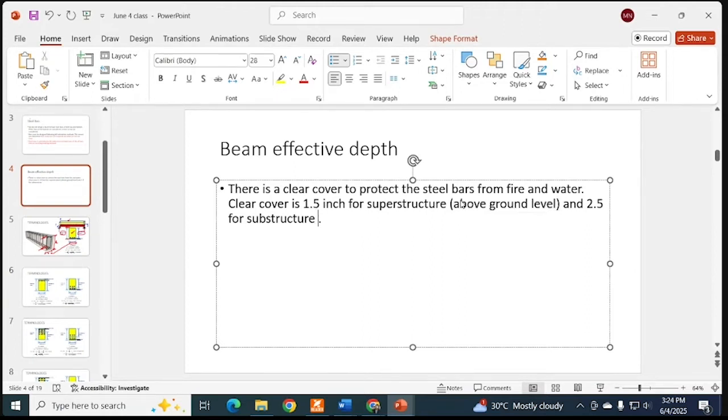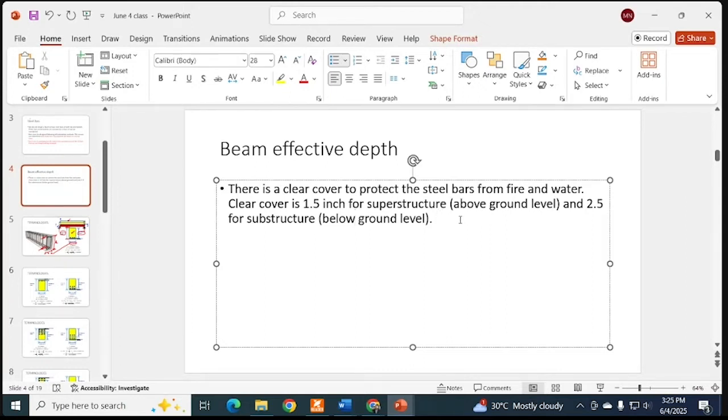And by substructure, I mean below ground level. So usually in a beam which is above the ground, there should be at least 1.5 inch clear cover. And for beams that are under the ground, there should be at least 2.5 inches. You can keep more than that, but this will be sufficient.